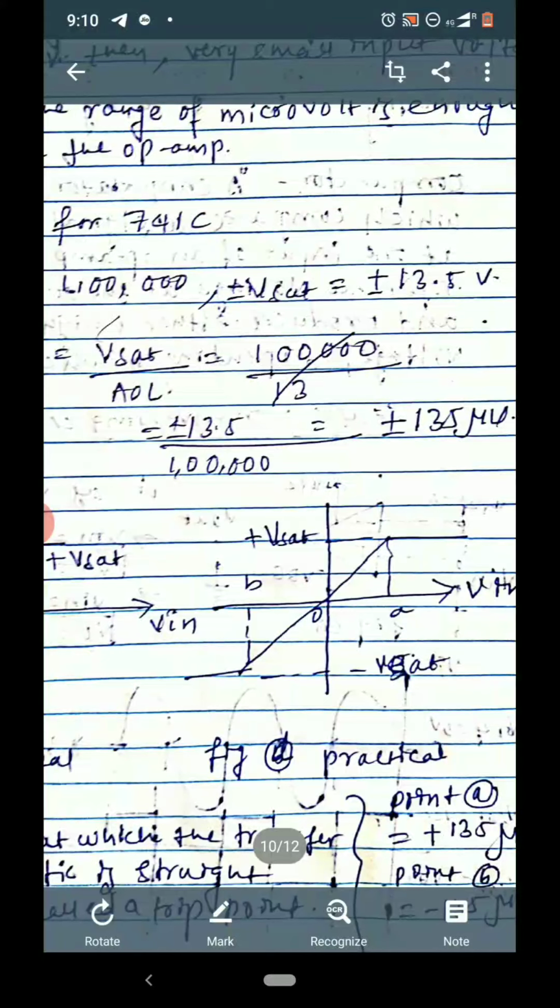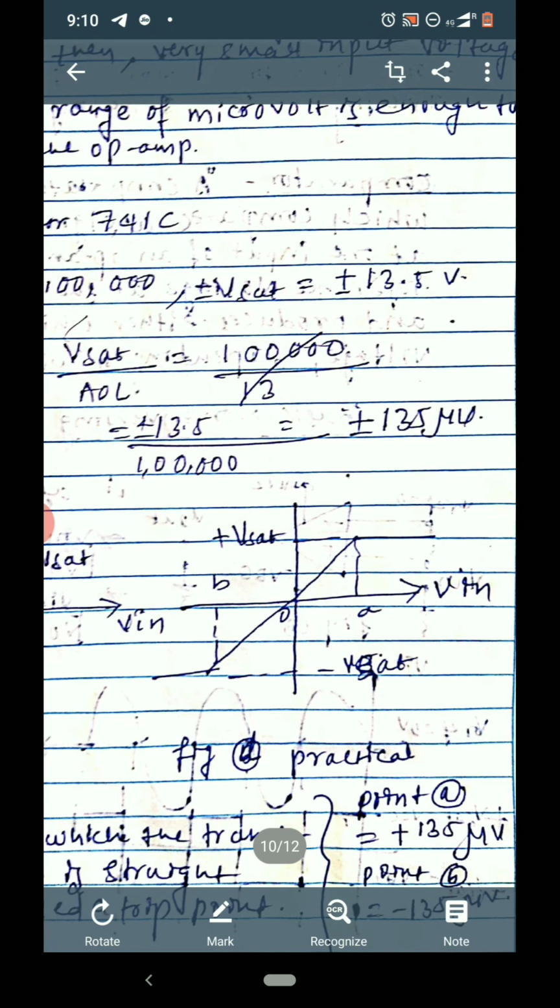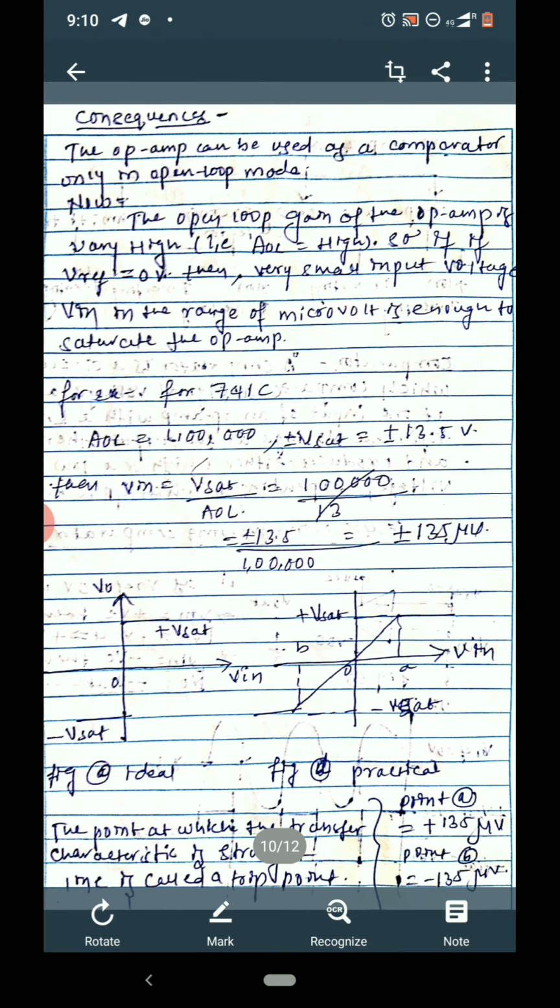A trip point, in simple words, you can define as a point at which your output changes from high to low or low to high. Once your V input crosses that point, your output changes from its previous state to another state.